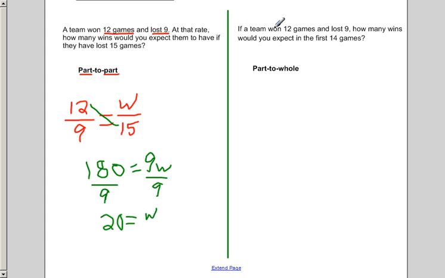Now, if a team won 12 games and lost 9, how many wins would you expect in the first 14 games? So now we have a whole, the total is 14 games, which means we want to find out how many wins in 14 whole games. And we're comparing that to the 12 games that they won.